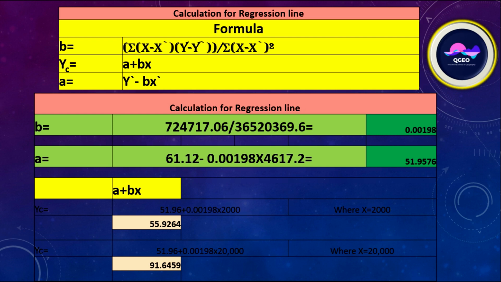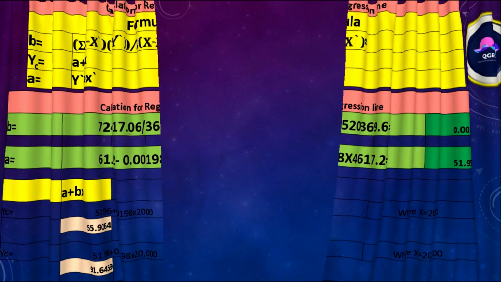Here yc equals a plus bx. When x is equal to 2000, then yc will be 55.9264, and when x is equal to 20,000, then the value of yc is equal to 91.6459.